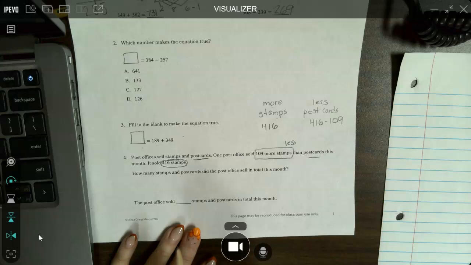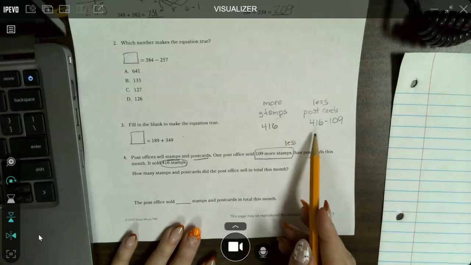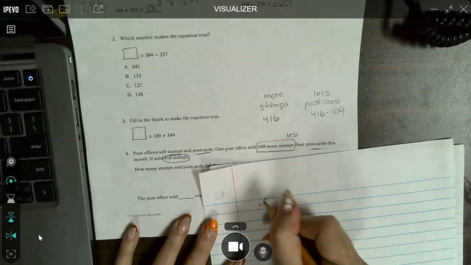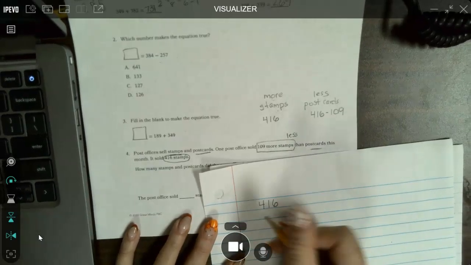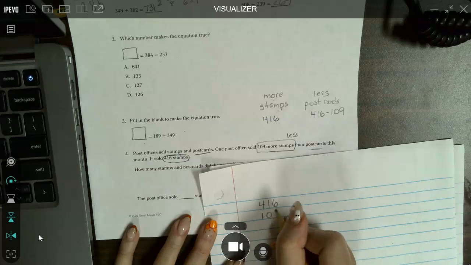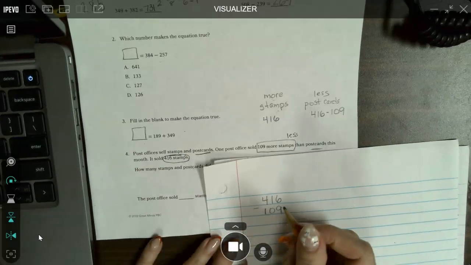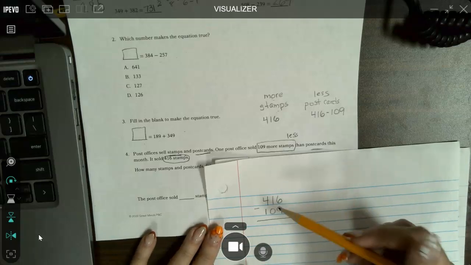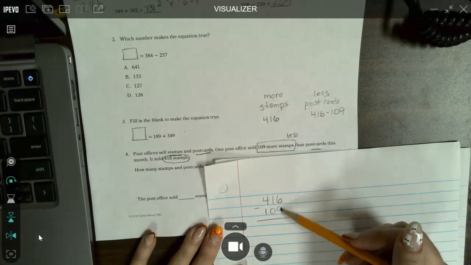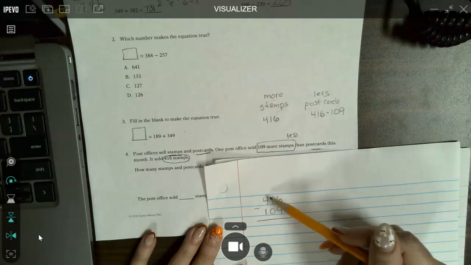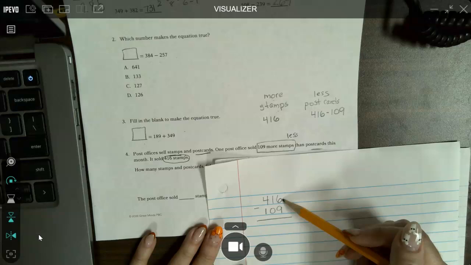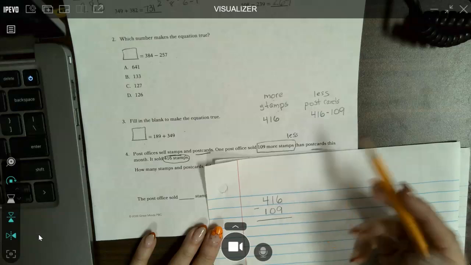The first step is we have to figure out how many postcards we sold. We're going to use a strategy. Okay, 416 minus 109. We've talked a lot in part 1 and 2 about not trying to just subtract unless they really understand what they are doing. We don't have enough here to take away 9.